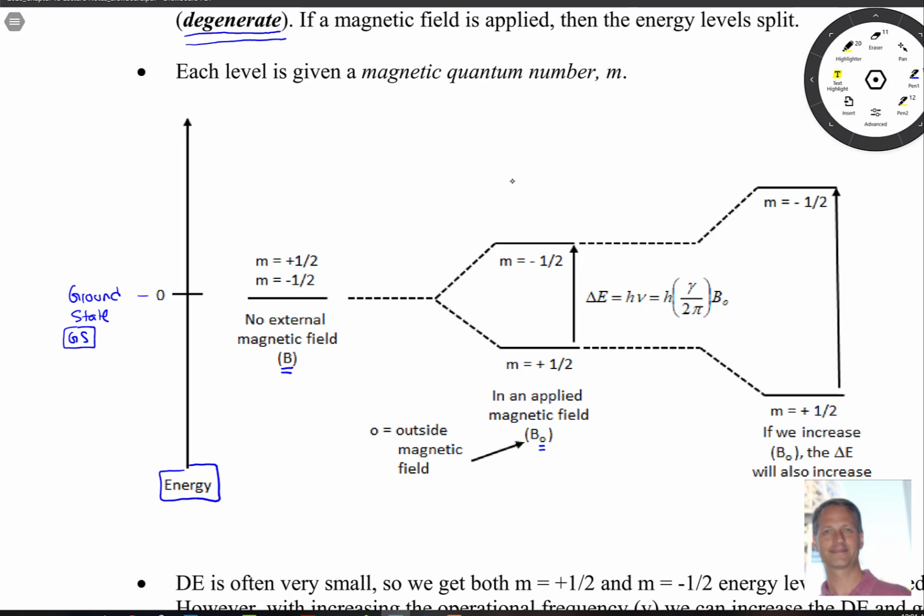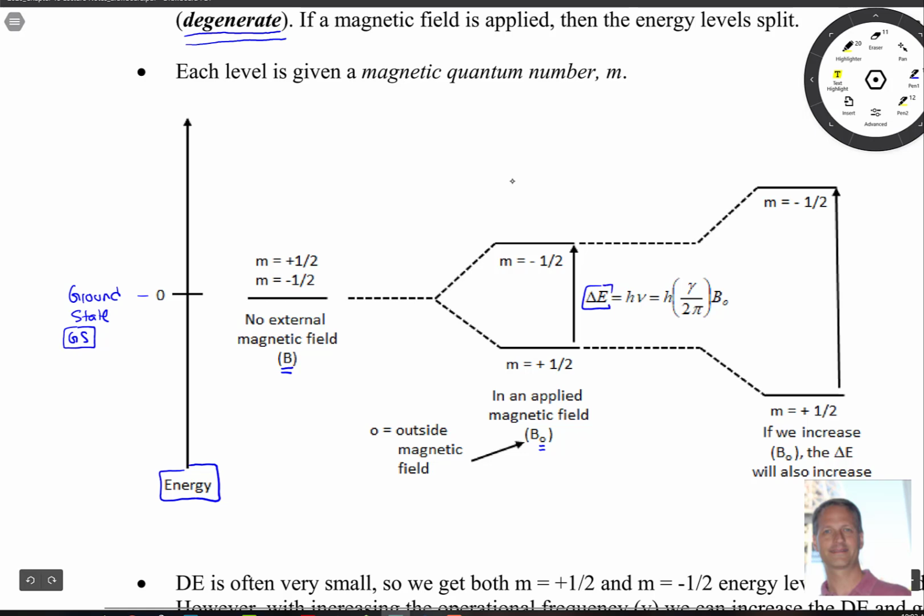So it turns out that NMRs require very strong magnetic fields. So we have to use cooling liquids to get magnetic field strengths to be very, very strong. But in an applied magnetic field, then we see a splitting. So M plus 1/2 would be your lower energy, M minus 1/2 would be your higher energy. And so that delta E here is an energy difference, right, from the lower energy to the higher energy.